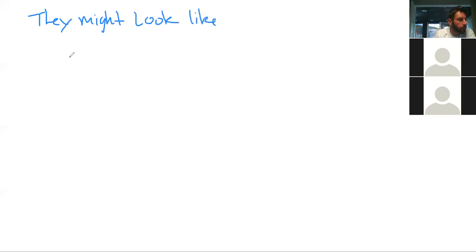They might look something like this: dy/dx plus 4y equals 6x squared. So let me explain what I mean. Here the unknown is y.